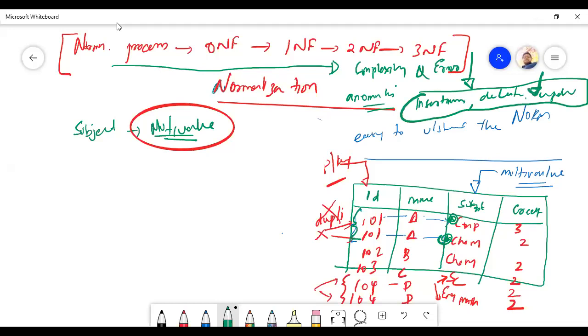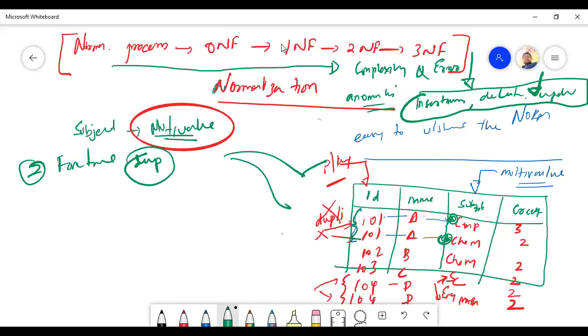Okay, right. So if you see here, the next one is functional dependency. When you understand the functional dependency, all this can be understood easily.